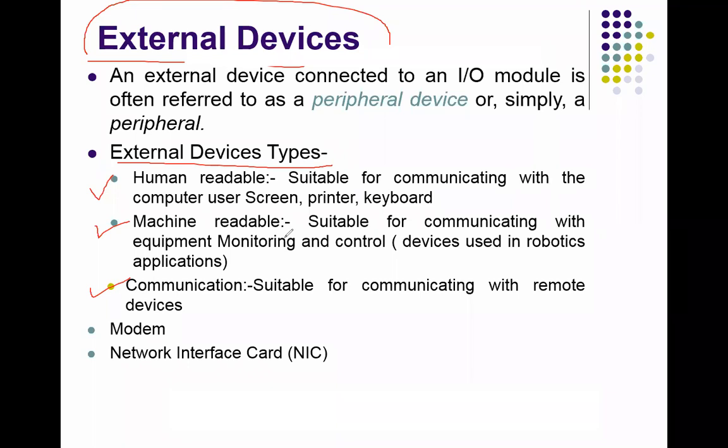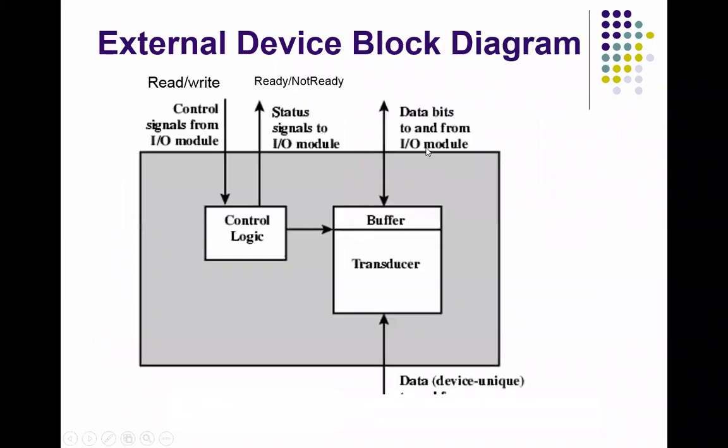These types of devices belong to communication. Again, we know a modem is there, a network interface card is there. So all these different types of devices belong to external devices, because with the help of these devices your computer can connect externally and your computer can receive data from the external environment.